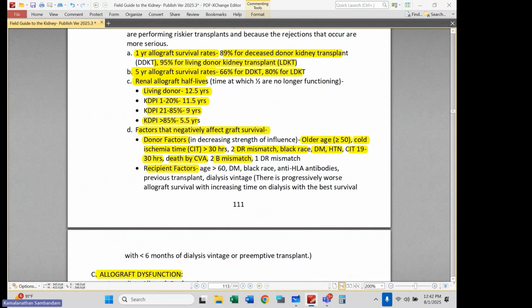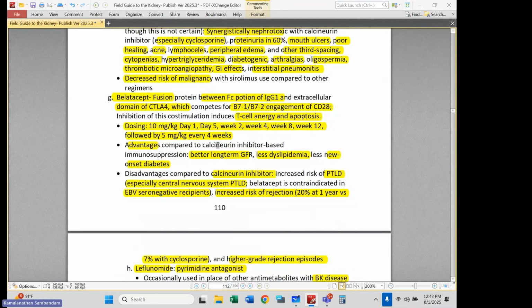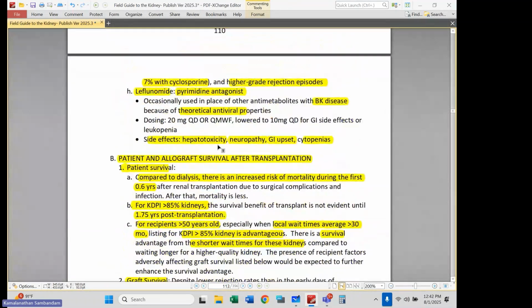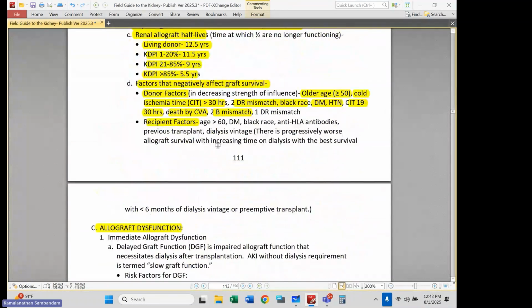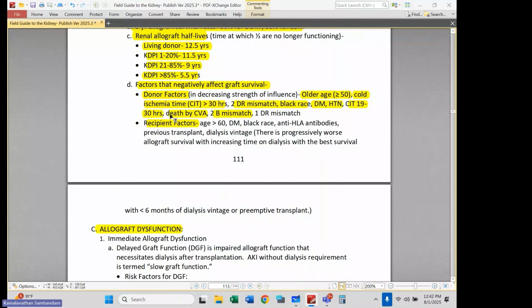This death by CVA, okay, so you'll recognize that determines the KDPI of a kidney. These CNS insults factor into the KDPI calculations. And again, not just 2, but even 1 DR mismatch seems to have some effect on kidney survival.